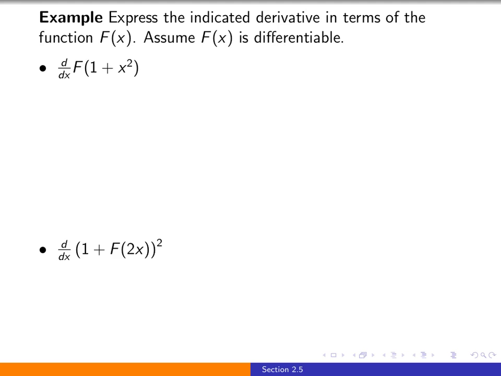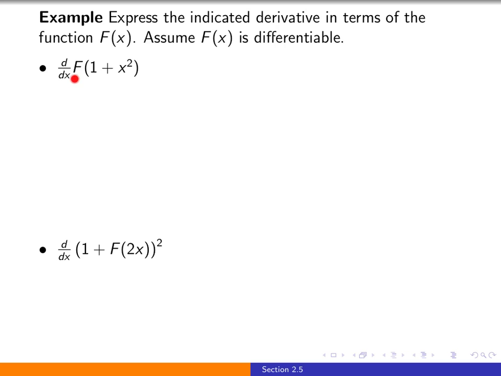Another similar type of problem we can do is to use the chain rule to write down what the derivative will be in terms of some unknown function big F. So the idea is to assume that big F is some function that we can differentiate, and we want to write down this derivative in terms of the function big F. It's a composition.